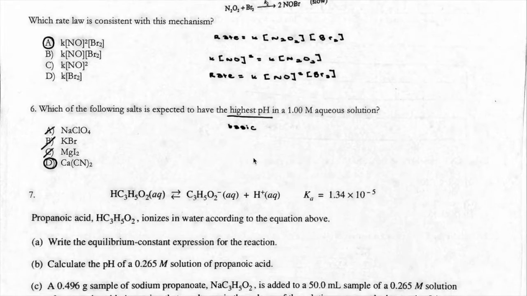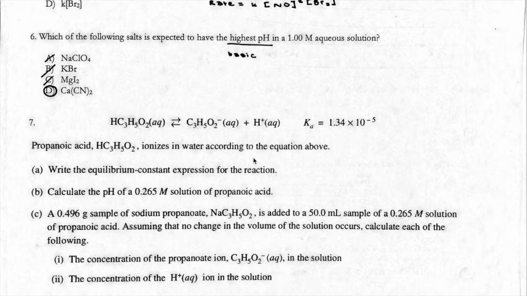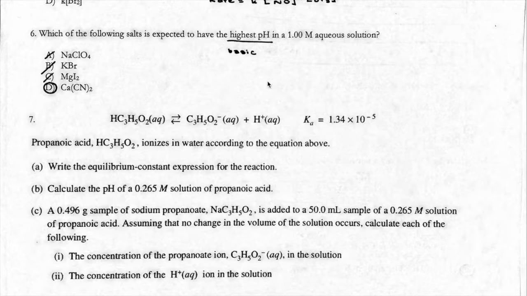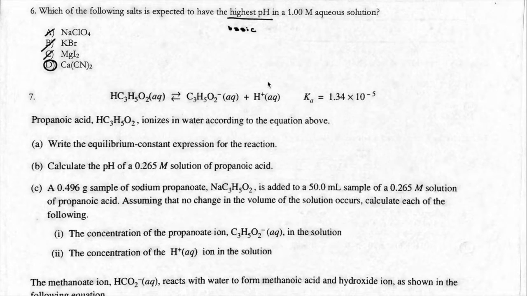Okay? In 6, it says which of the following salts is expected to have the highest pH, meaning the most basic? If I look at each of these, remember, you have to determine where each of these salts came from. For NaClO4, Na came from NaOH, which is a strong base, therefore it's not going to be acidic.